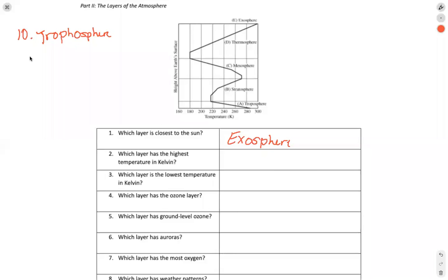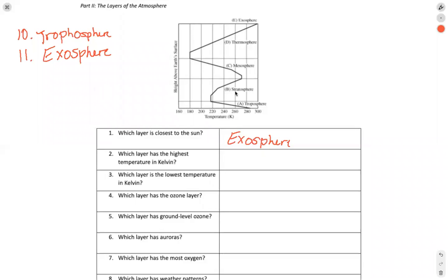And then 11, which one is the layer with the lowest atmospheric pressure? Yes, exosphere. Thank you, Kate. So again, as we go up, we start to lose atmospheric pressure.